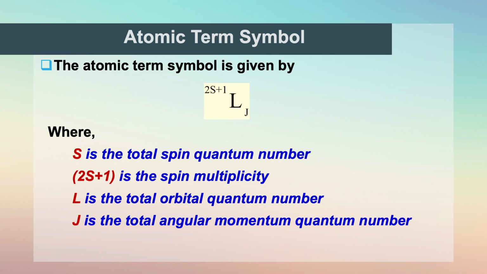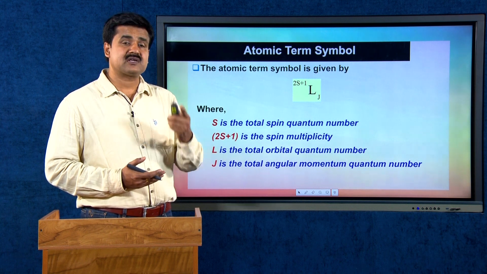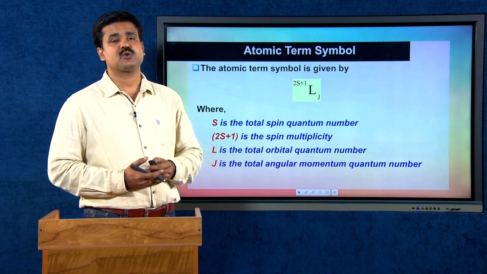or simply S is called total spin angular momentum quantum number, and the quantity 2S+1 is known as the spin multiplicity. Next one, L, is known as total orbital quantum number or total orbital angular momentum quantum number.